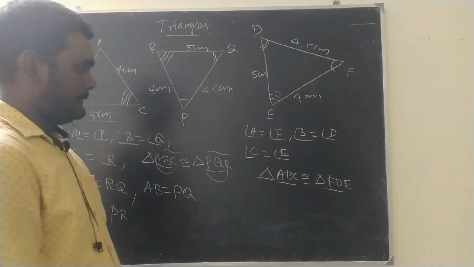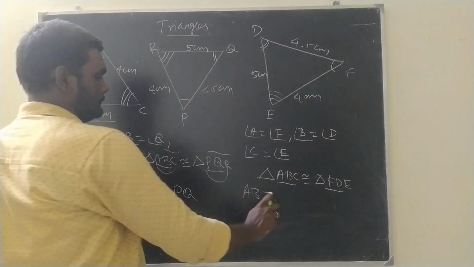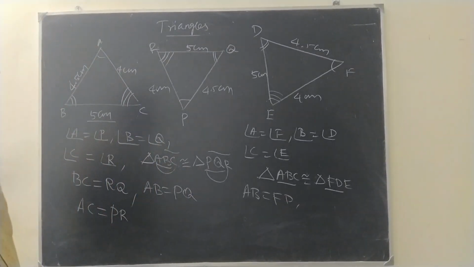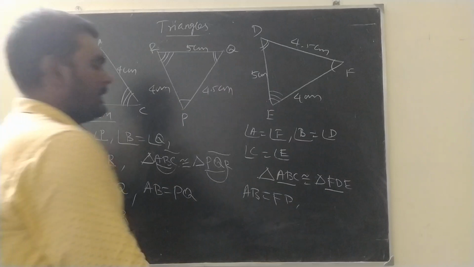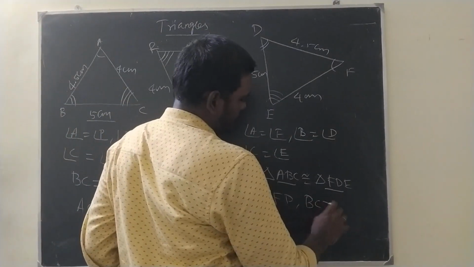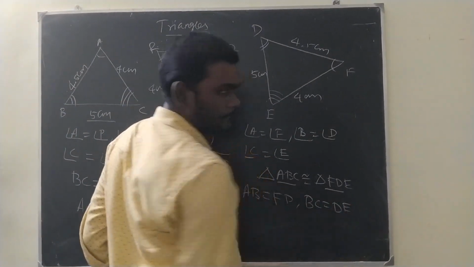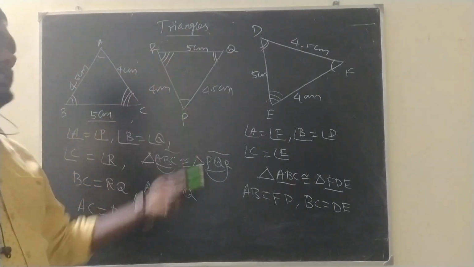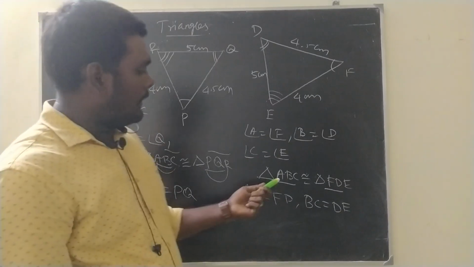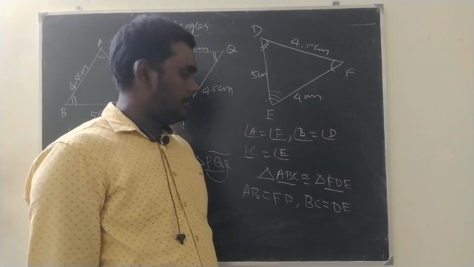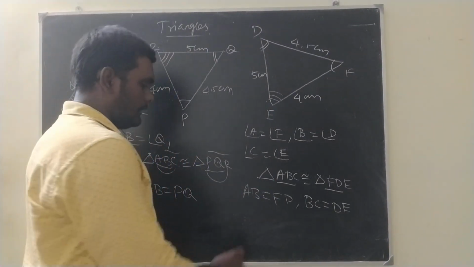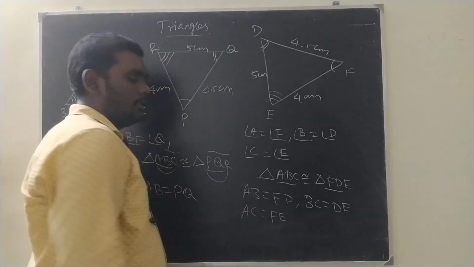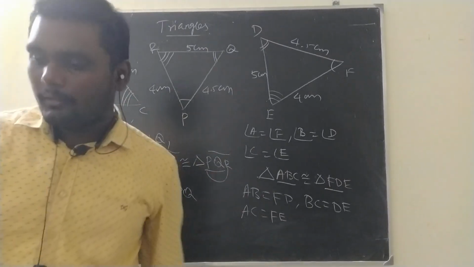Yes, this, and the next one, BC is equal to DE or not. BC is 5 centimeter, DE is 5 centimeter, and then the other one, AC is equal to FE. So these two triangles are congruent.